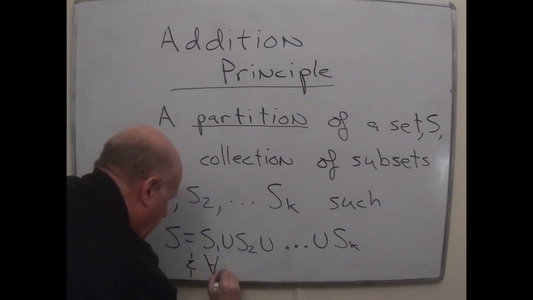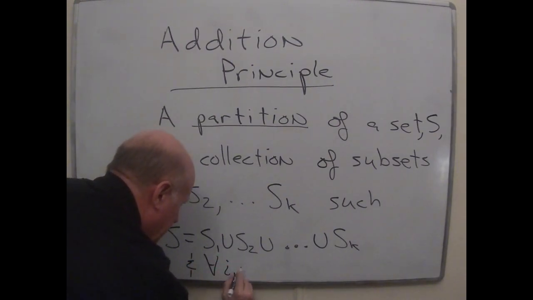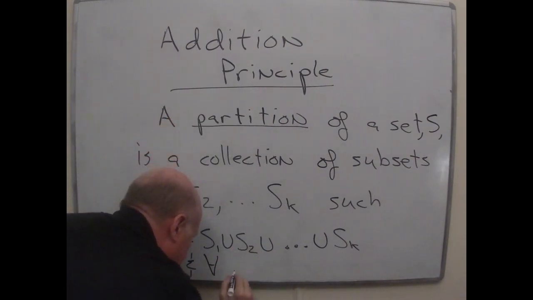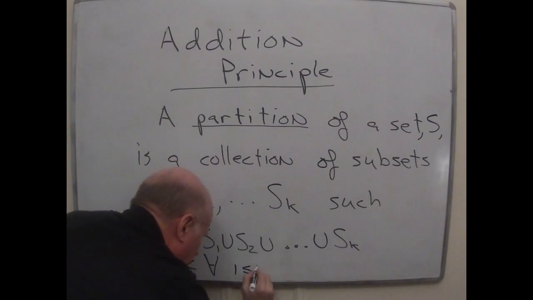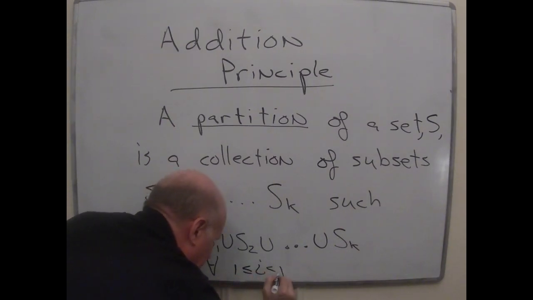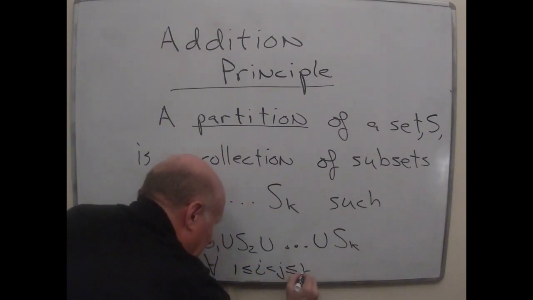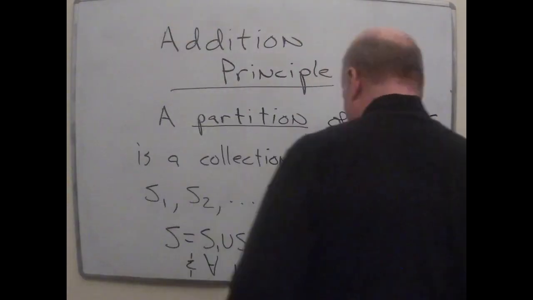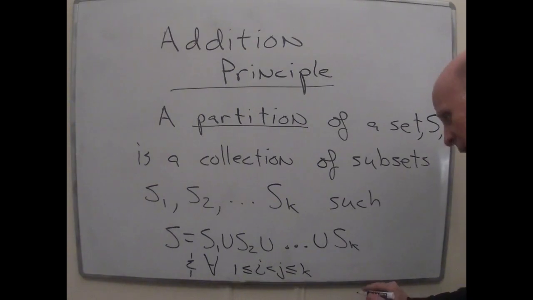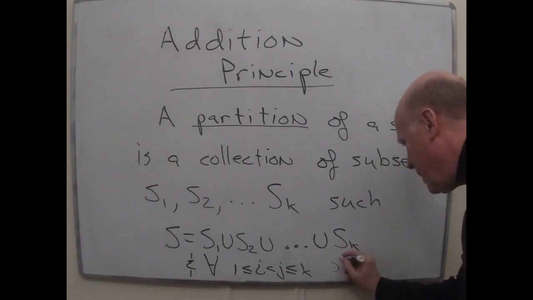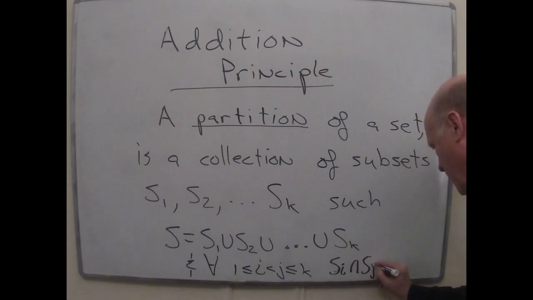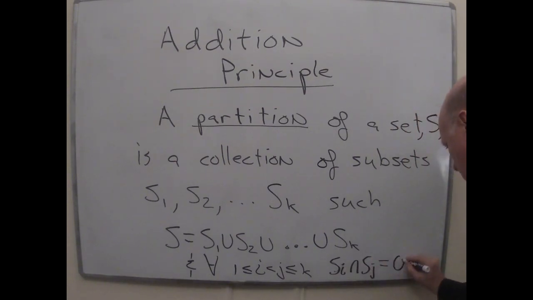So for all 1 less than or equal to i less than j less than or equal to k, so pairs of numbers that are different, in the range between 1 and k, S sub i intersect S sub j is the empty set.